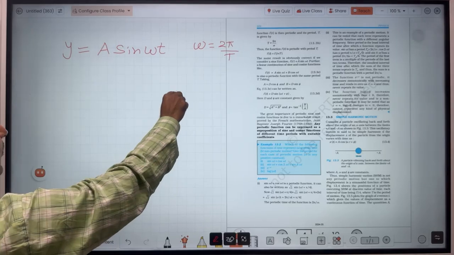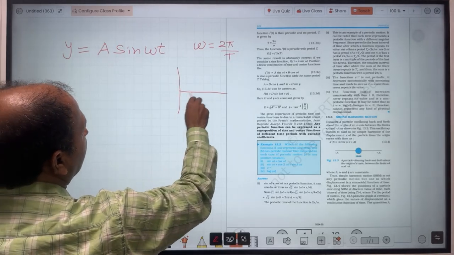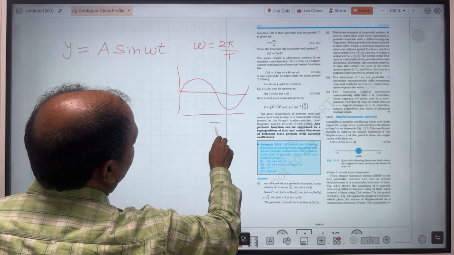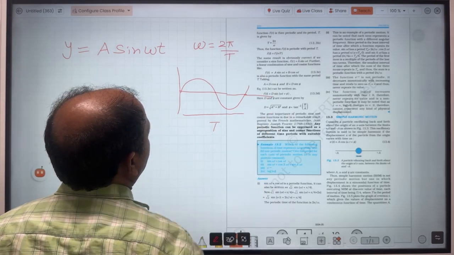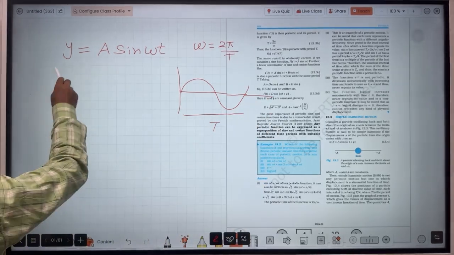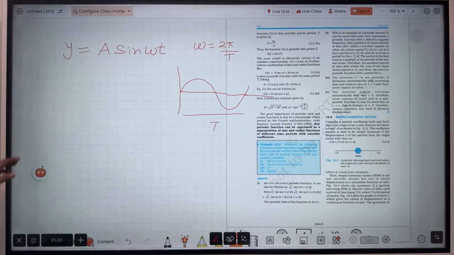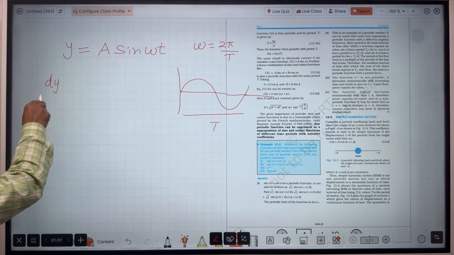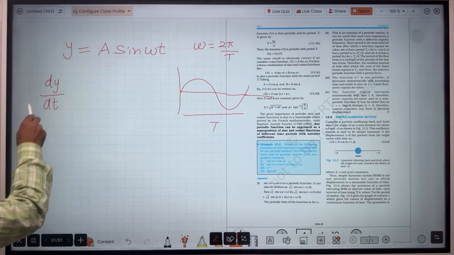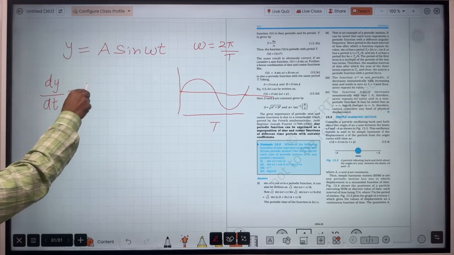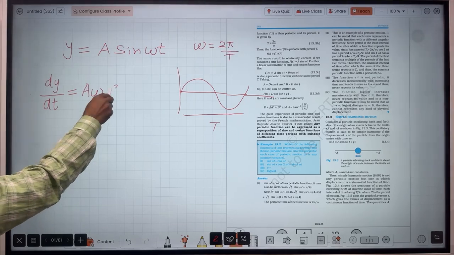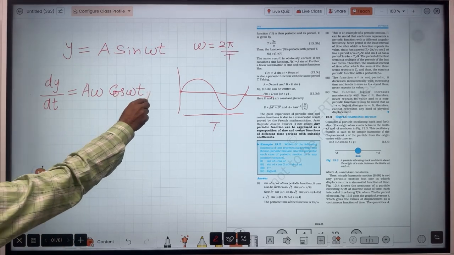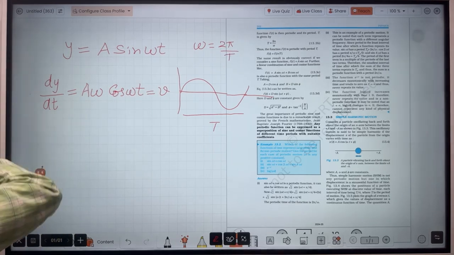And here the time period will be T. After time period T, the wave will be repeated, correct? So we can find velocity. If we differentiate it with respect to time, dy by dt, it will give a omega cos omega t, right? So this is equal to v.